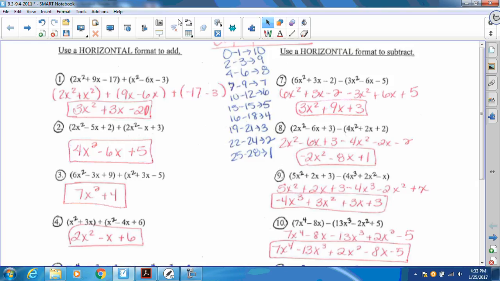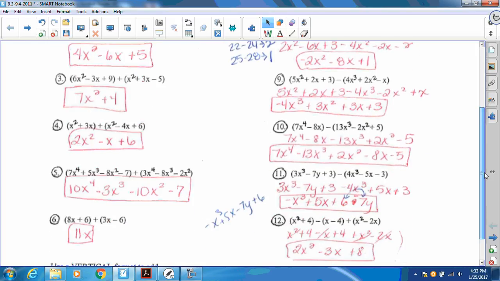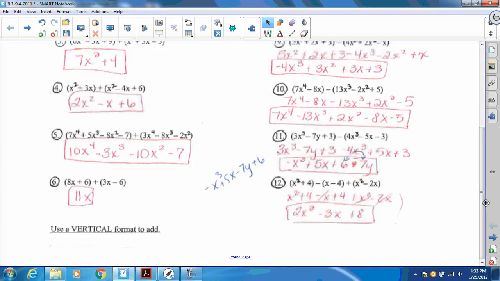So here are the first 10. And that'll give you the 5 or so that you couldn't see.